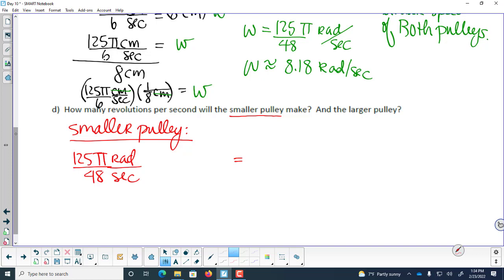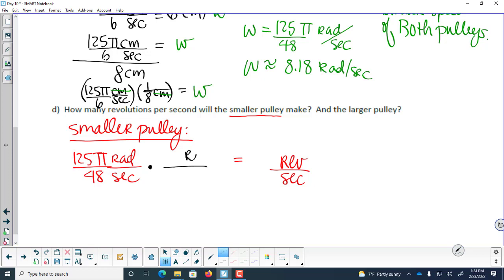What do we need? We need revolutions per second. So I need to go from radians to revolutions. Think dimensional analysis, right?